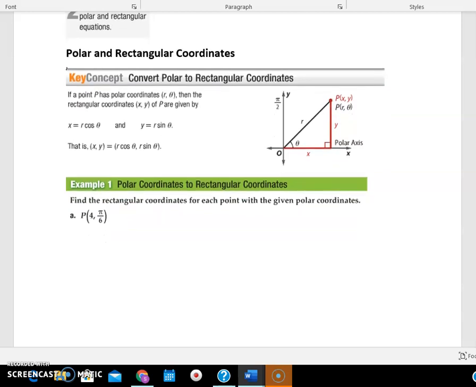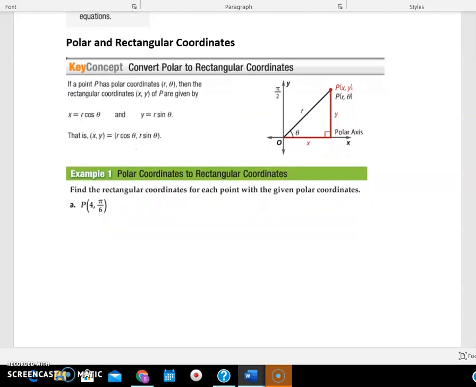So the first one here talks about the coordinates, and we're given some equations that we can use to go back and forth between the two. We know that x is equal to r cosine theta, and y is equal to r sine theta.